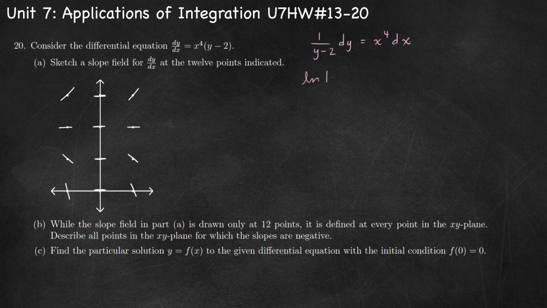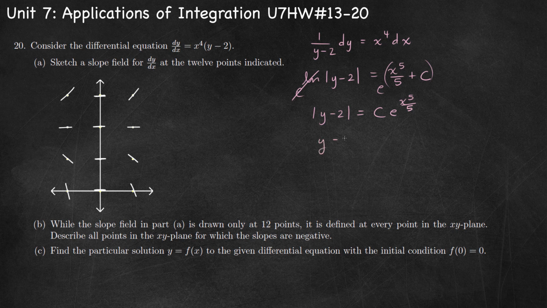So we get ln absolute value y minus 2 equals x to the 5th over 5 plus c. This looks very similar to the last example we did. We're going to exponentiate both sides, so that's going to cancel there, and I get absolute value y minus 2 equals ce to the x to the power 5 over 5.